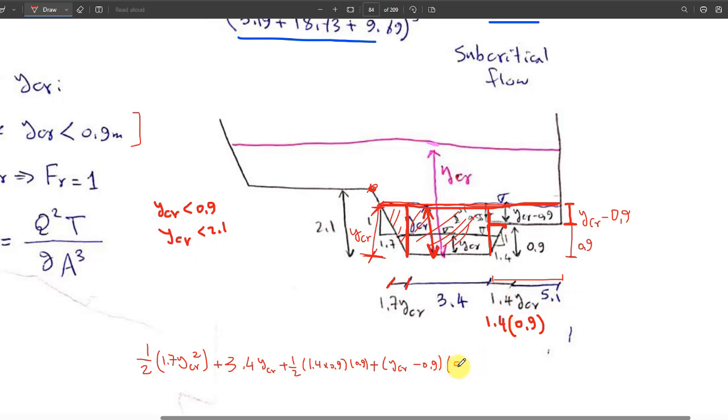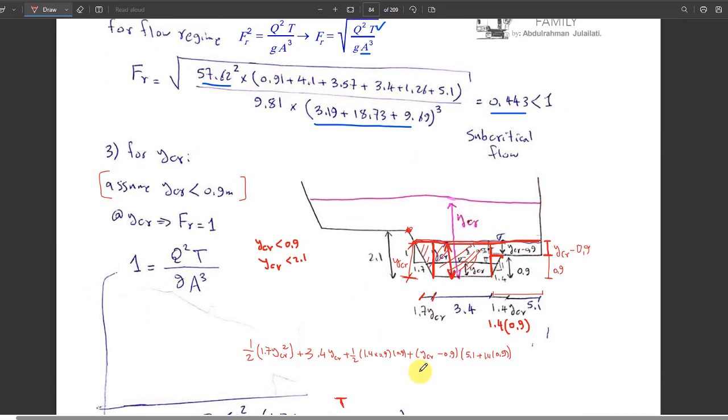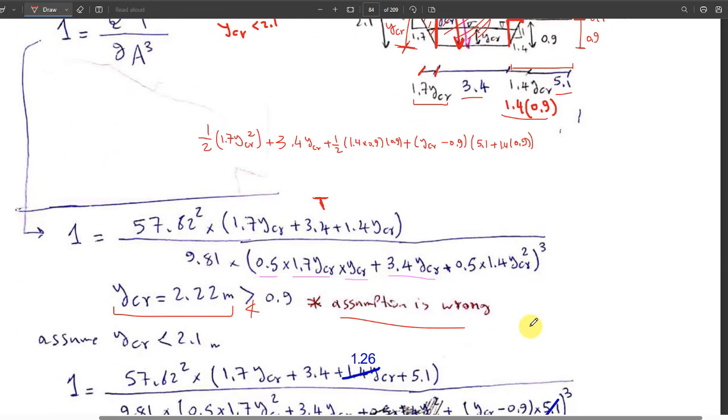So multiplied by 5.1 plus 1.4 multiplied by 0.9. Okay, like this. This is the whole area. And also the summation of these distances from here up there is t. This makes t. And it is 1.7 y critical plus 3.4 plus this one plus 5.1. Okay, so that's it.